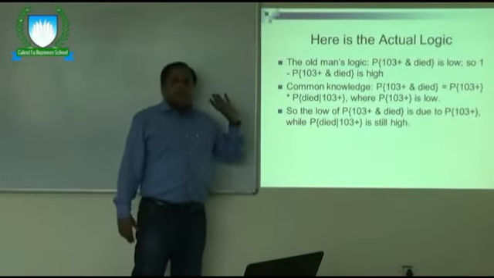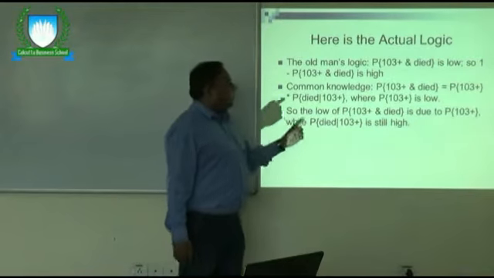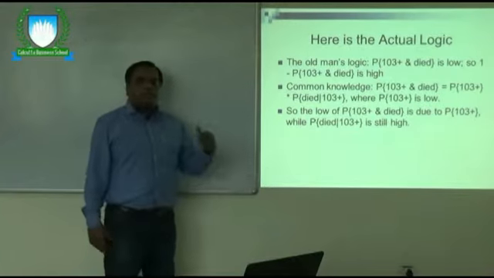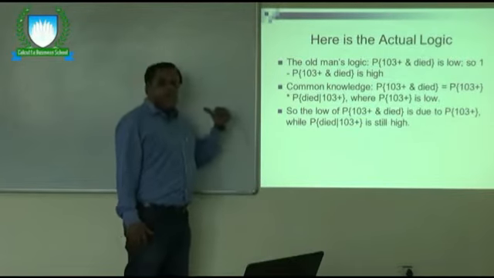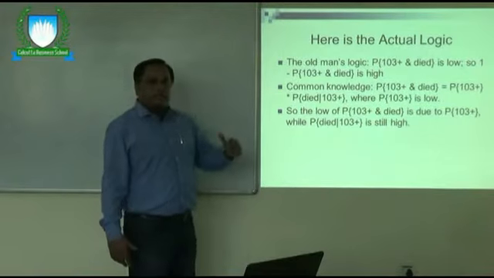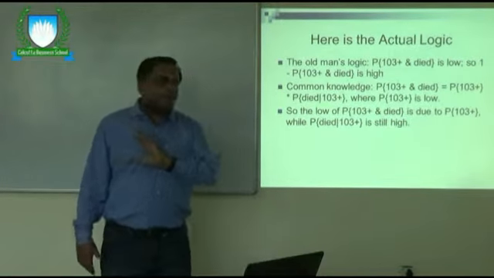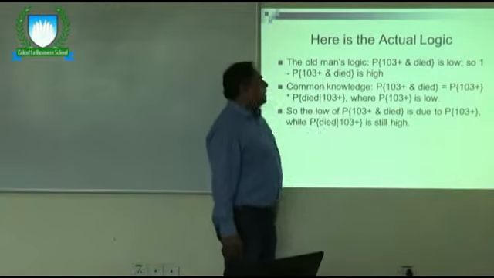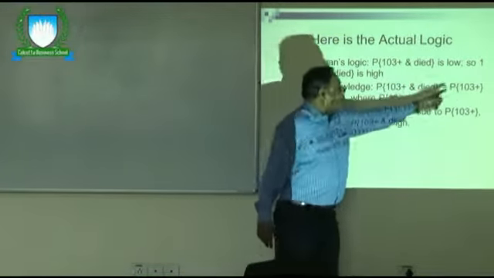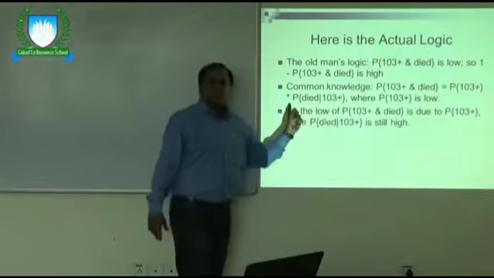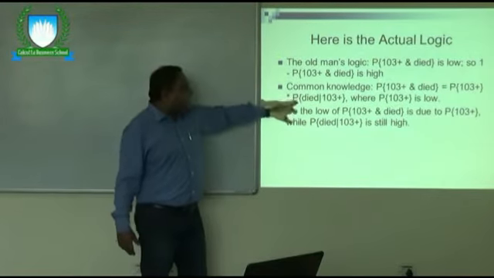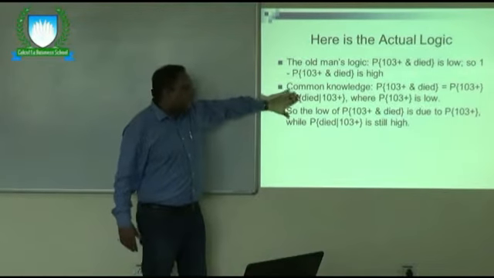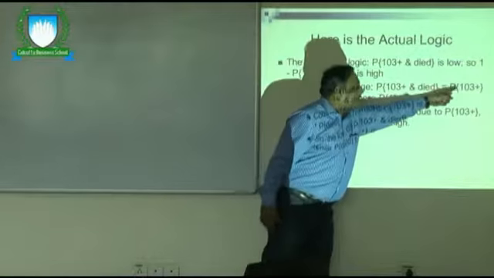But what he is forgetting is that the probability of 103 plus and died is the probability of 103 plus, times the probability of died given that the man was 103 plus. Now this is surely low, but this low is because of this low, not because of this low. This is high, and he is claiming that this is low, so I will be alive at 104. This is definitely very high, but this is low.